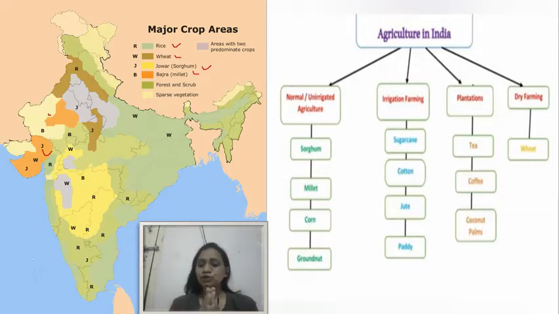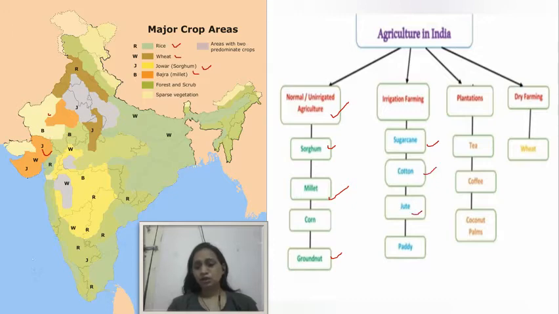Now if we divide the agriculture of India, then it is in four different types of farming. Okay, so the first is the normal or unirrigated agriculture, then it is irrigation farming. The crops included in unirrigated agriculture are sorghum, millet, corn, and groundnut. Okay, and irrigation farming includes sugarcane, cotton, jute, and paddy.